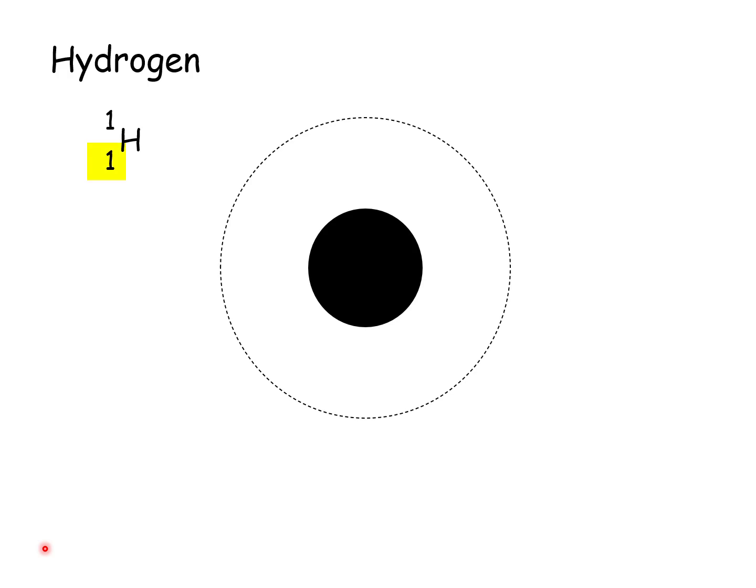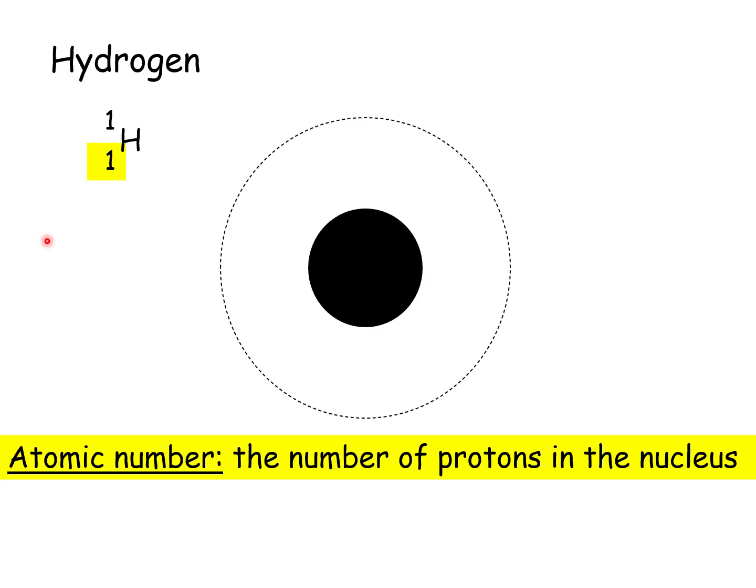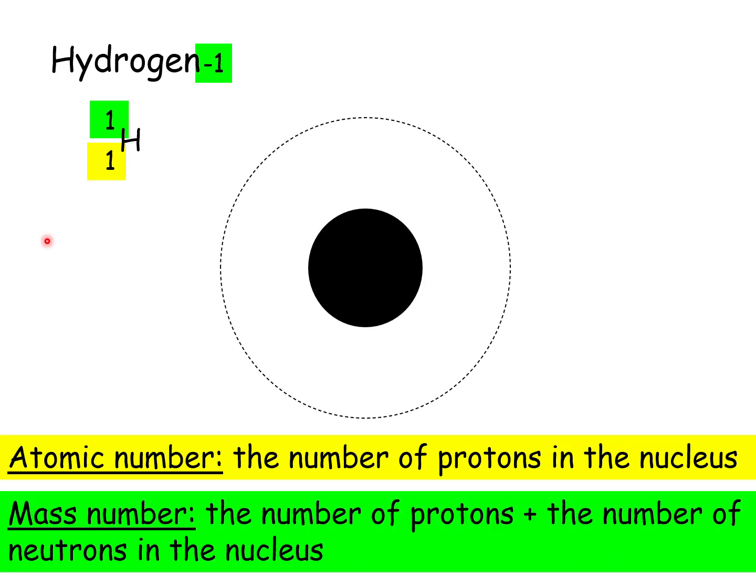All right, so that bottom number on the isotope symbol, which is what I call this thing right here, it's a really nice shorthand, tells you how many protons you have. That's the atomic number. The top number is the mass number. Now the mass number is the number of protons plus the number of neutrons in the nucleus. Because you're just counting particles, the mass number is always going to be a whole number.